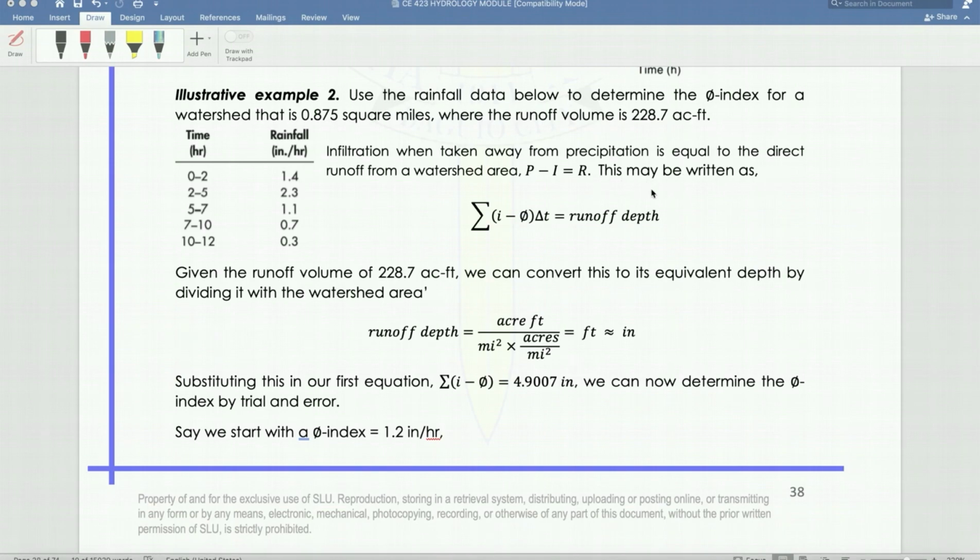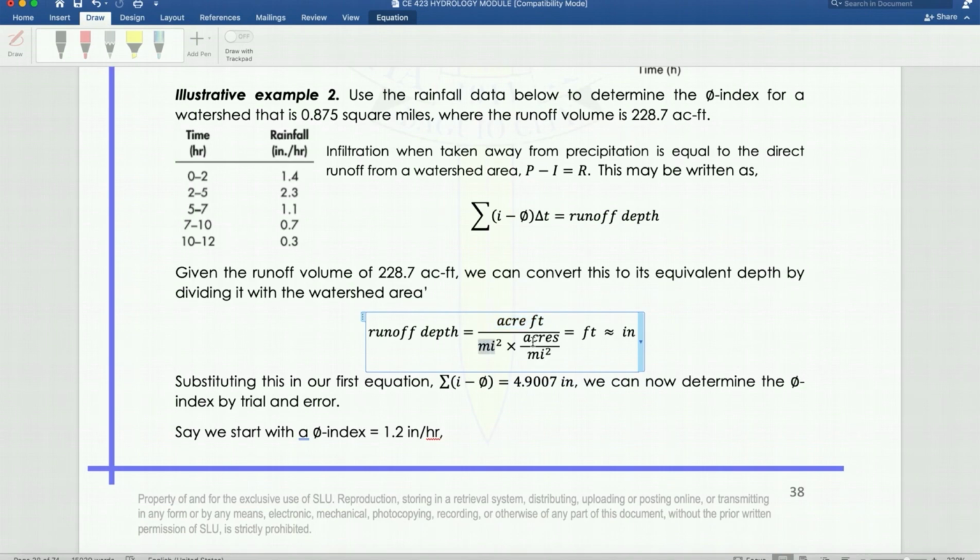This equation may be written as the summation of (i minus phi) times delta t, or the change in time, is equivalent to the runoff depth. Okay, so the first thing that we need to solve here would be the runoff depth. The runoff depth is equivalent to the runoff volume divided by the area of the watershed.